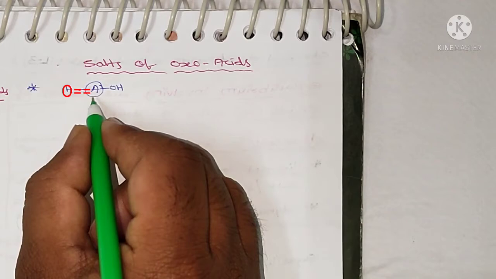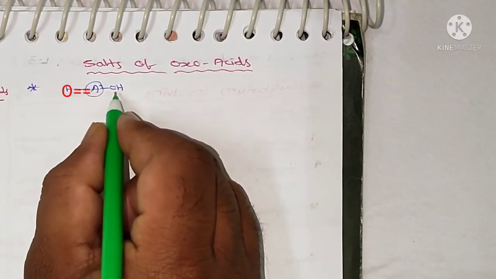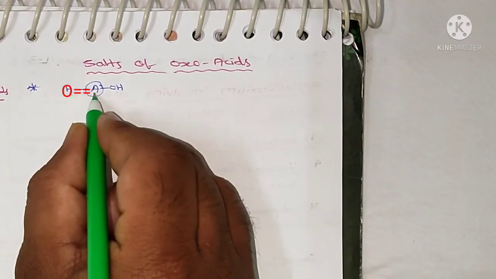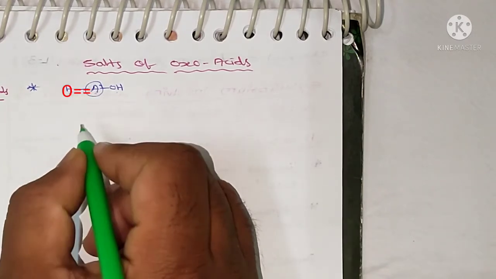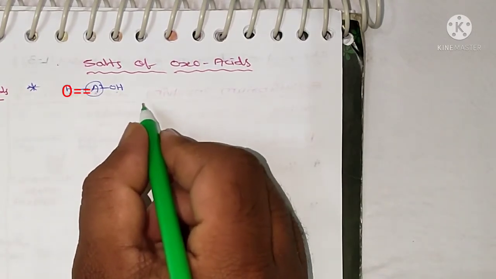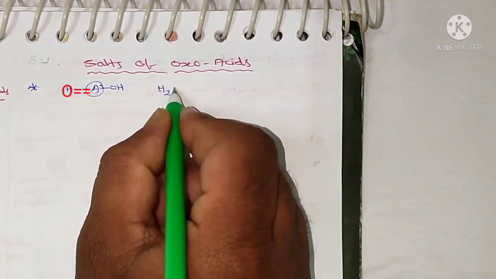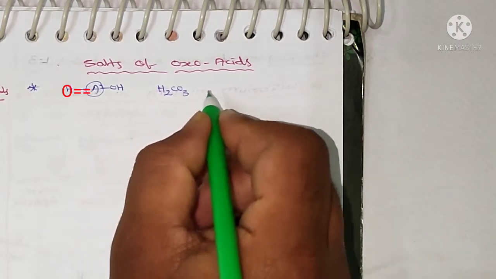The oxo acids are those in which a hydroxy group and an oxo group are attached to the same atom. For example, carbonic acid, H2CO3.